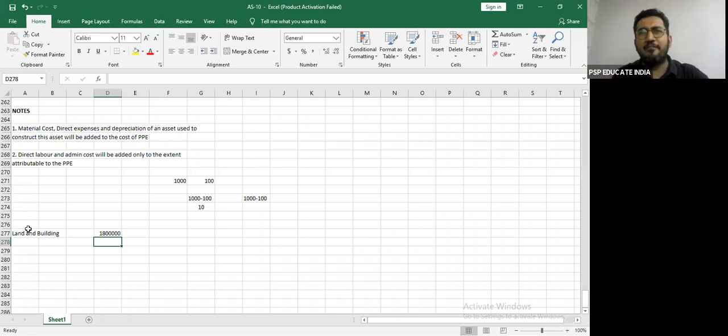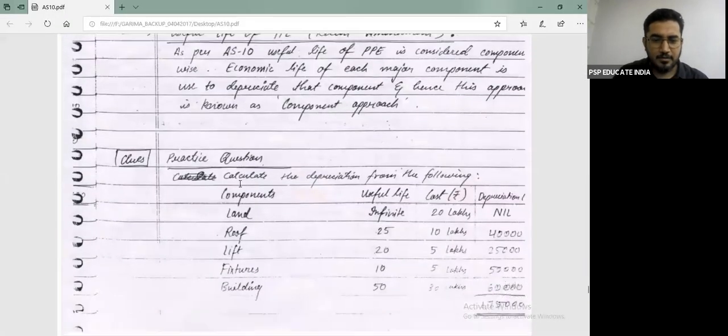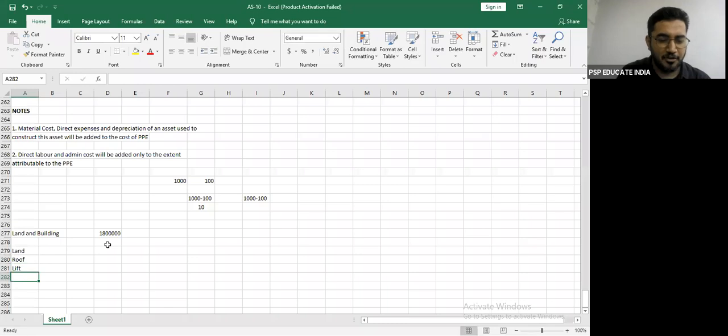Now how will you divide it component wise? Please pay attention to that. You will divide the land and building this way. So you have land, you have roof, you have lift, then you can take furniture, fixtures.